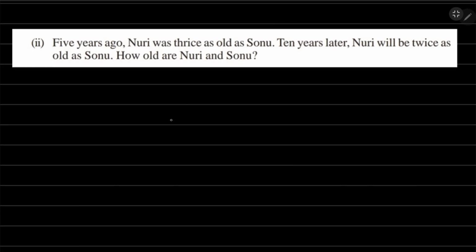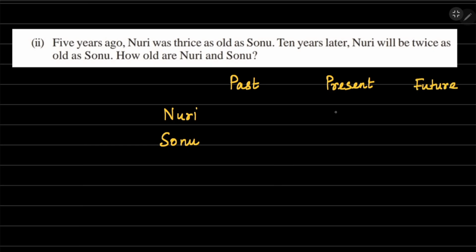One is Noori and the other one is Sonu. Right? You have something wherein the age is given in the past, the present age, how old are Noori and Sonu. This is the present age that you have to find out. Right? And then the future.